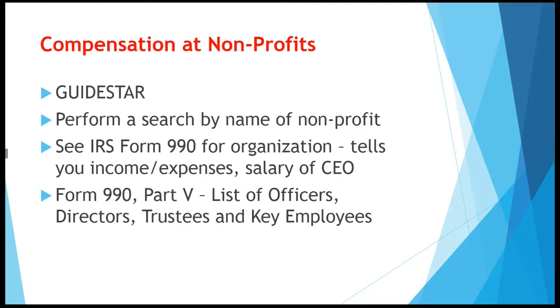You can also see an IRS Form 990 that nonprofits have, and that will show the income and expenses and the salary of the CEO. When you go to Part 5 of Form 990, there will be a list of the officers, the directors, trustees, and key employees, and they will also indicate the salary level.